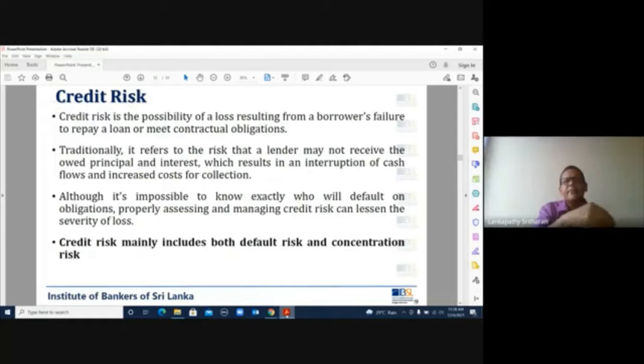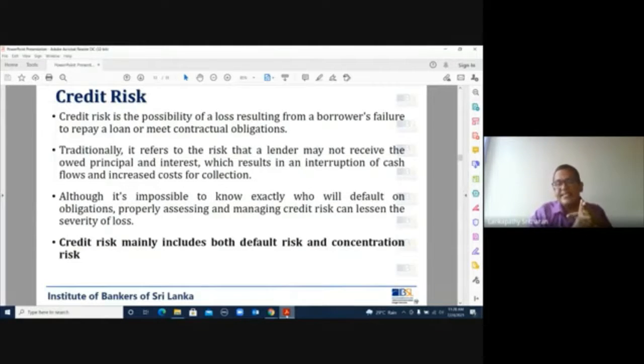Bank B grants loans to 500 customers. Let's assume both have the same portfolio amount, maybe 500 million each. In that scenario, which bank is exposed to more concentration risk, bank A or bank B?